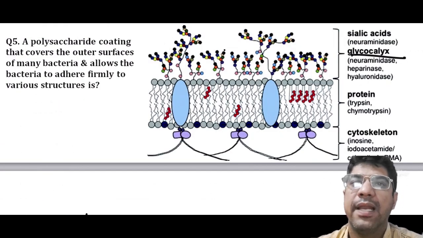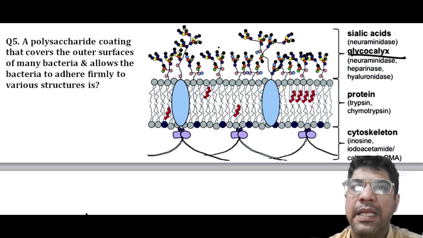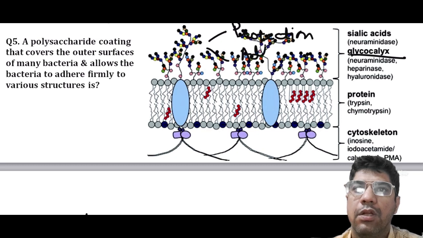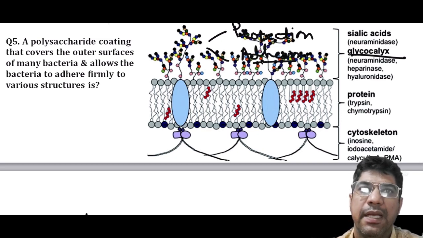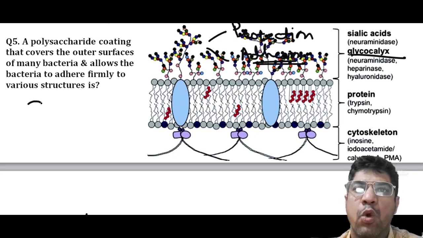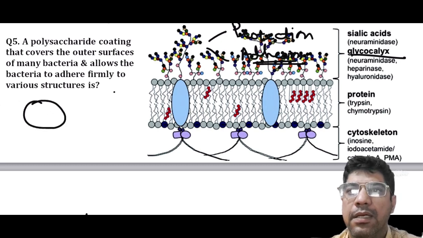So glycocalyx is just like a shield for bacteria. It gives two functions. One is protection and the other is adhesion. Protection: it acts as a protective coat around the bacteria.